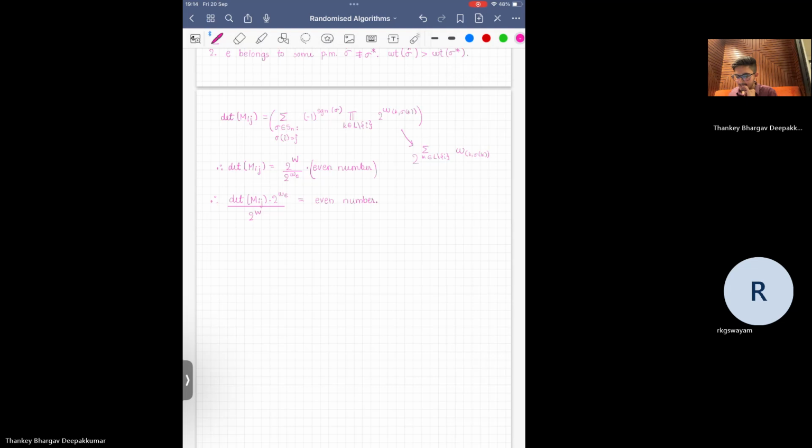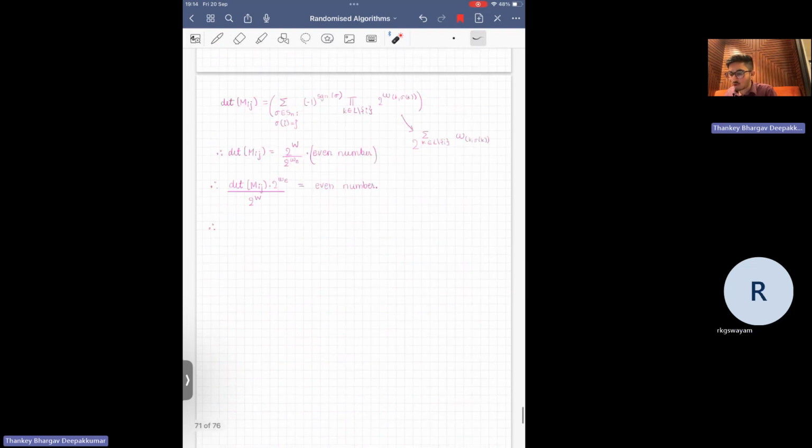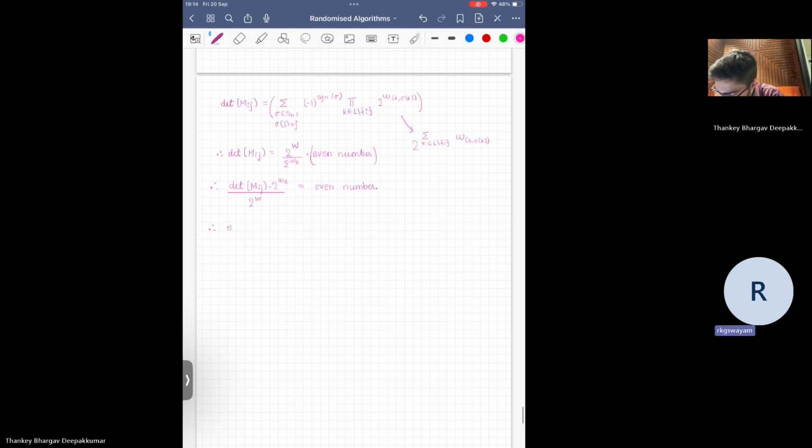So this was the check we were performing before adding anything to PM, right? The check is: add to PM if and only if this number is odd. So this E won't be added to PM, right? Yes.